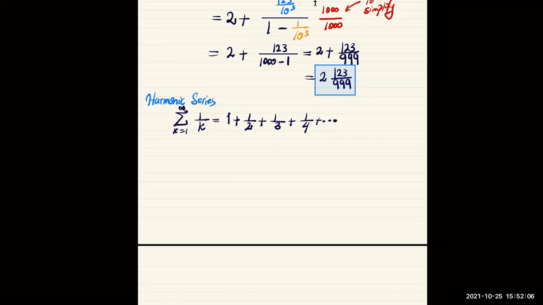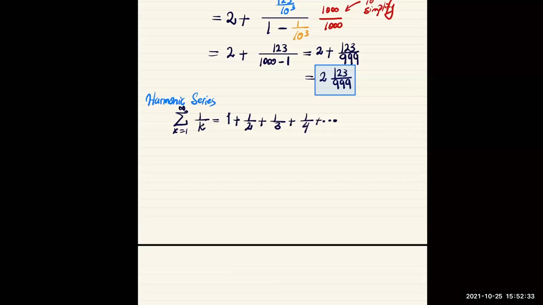But back then, whoever was working with the harmonic series didn't have the improper integral tool. They didn't know what integrals really were. Or maybe they knew, but they just didn't know how to evaluate those integrals. So the question is, how do we know if this thing is divergent or convergent? Well, there's a proof.